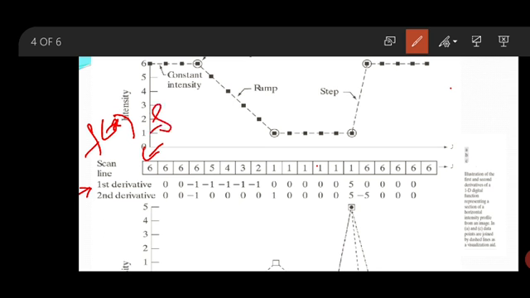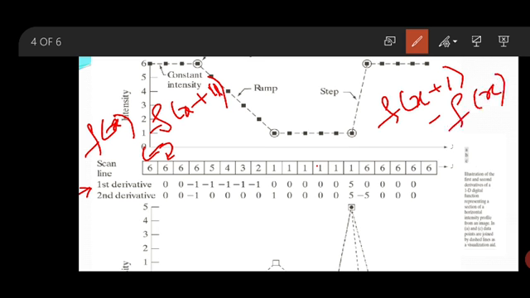What will be f of x plus 1? It's the neighboring value. The value of f of x is 6, and f of x plus 1 is 6. The equation is f of x plus 1 minus f of x, so 6 minus 6 gives 0. I hope you understood this one.